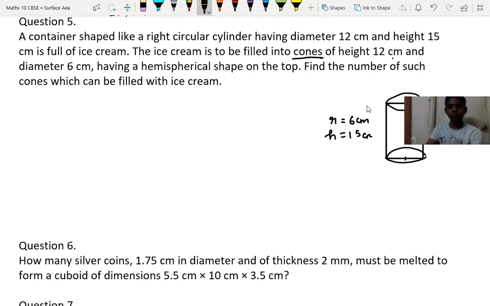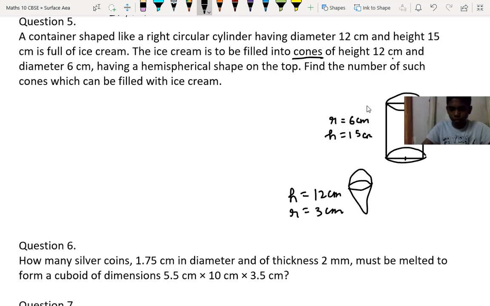So first you draw cones over here. This is a cone of height 12 centimeters and diameter 6 centimeters, radius 3 centimeters, right? Having a hemispherical shape on the top.